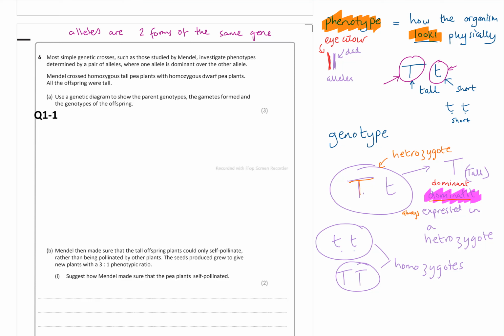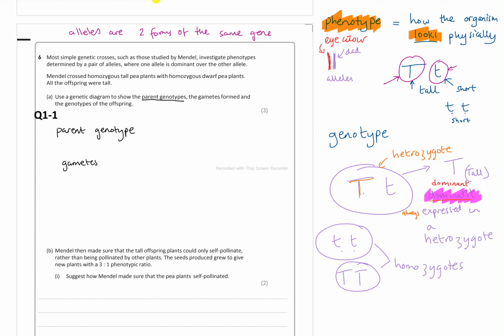So this is the structure, right? They're saying parent genotype. Then they want the gametes that come from there. Remember what we said gametes were?